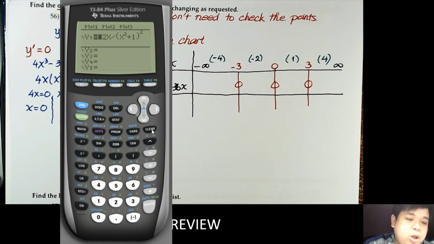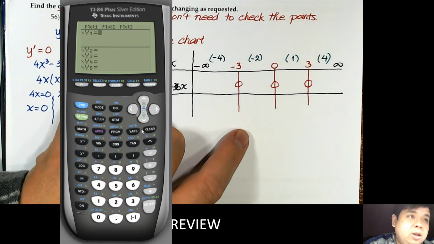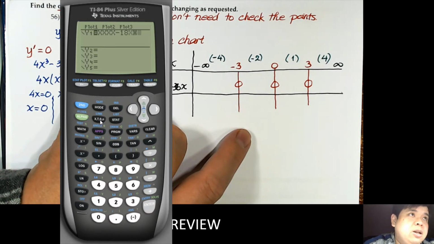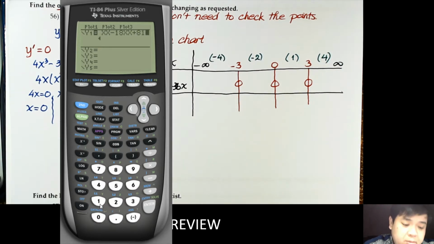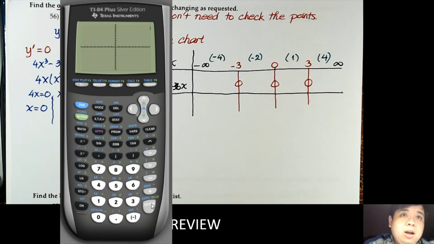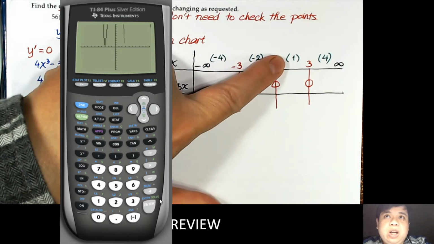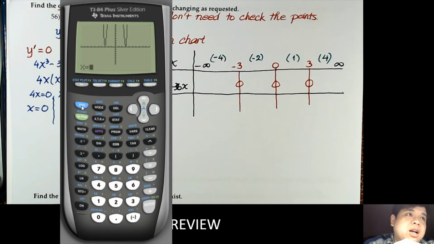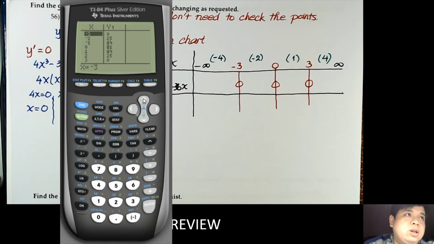Let y equal to, I'll enter the function x to the 4 minus 18x squared plus 81, right? And usually we just hit second trace and we enter the values. That's just fine. But since all those points are integers, if we hit second graph, we just have the table and we just look for it.